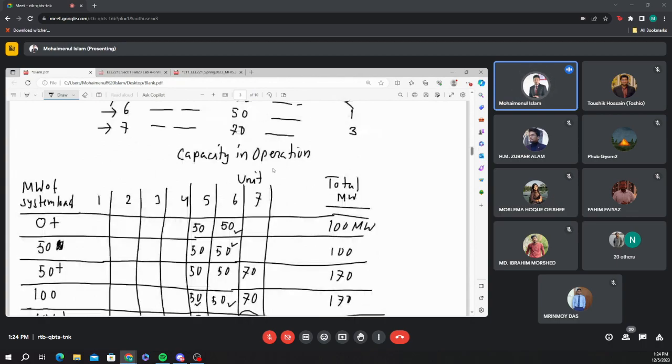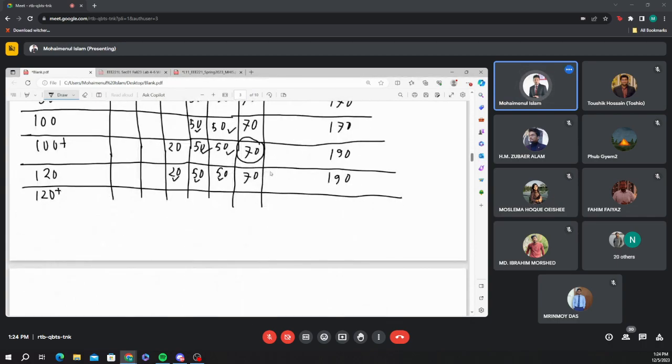You can run it on, right? So you can turn it on, the second one. So it should be 10. You have 20, you have 50, you have 50, you have 70. 70 is our protected demand. So 20, 50, 50, 10. All those cover 120 plus. Right?